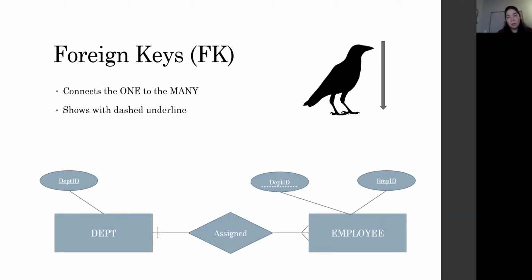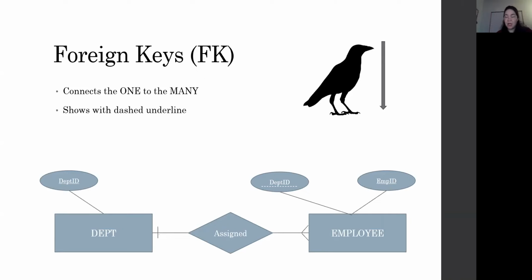So one of the rules that you can maybe gather from just the diagram itself, and also my clip-arty drawing of this bird with the arrow, is that the foreign key is always going to be on the many side of the one-to-many relationship. Okay, so it connects the one to the many in that order.